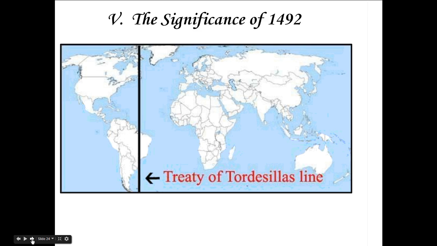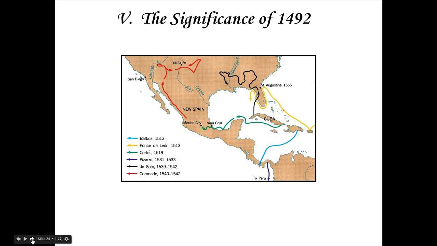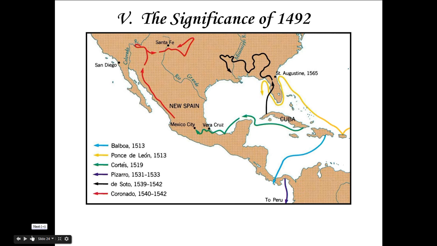Spain is going to become the dominant power of the 1500s. Spanish conquistadors are going to fan out across the Caribbean and eventually onto mainland American continents.